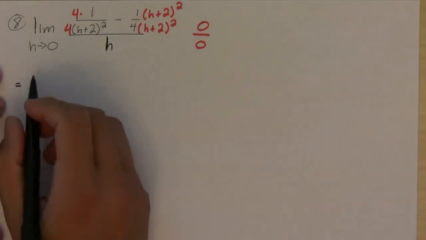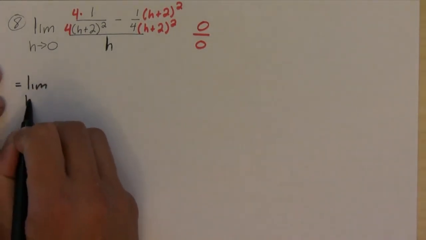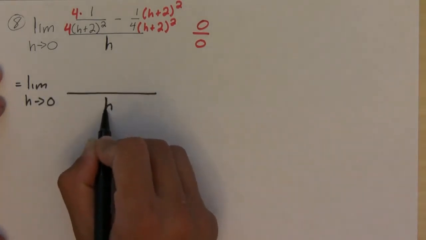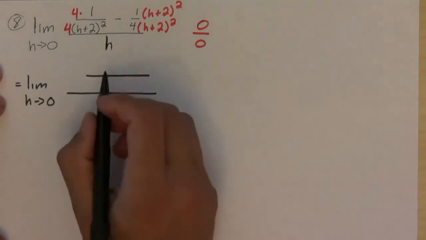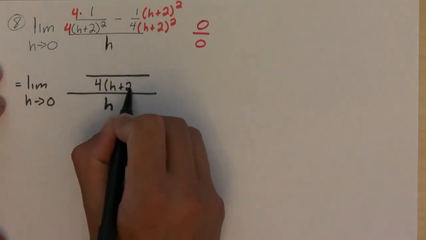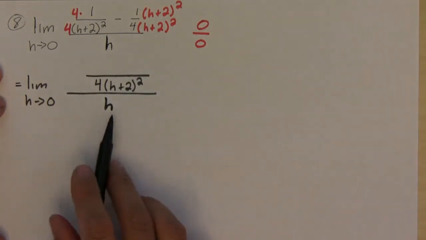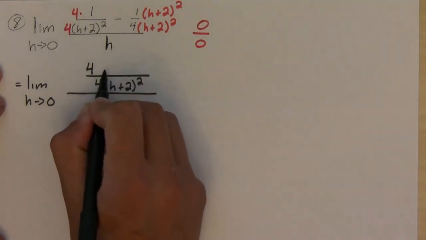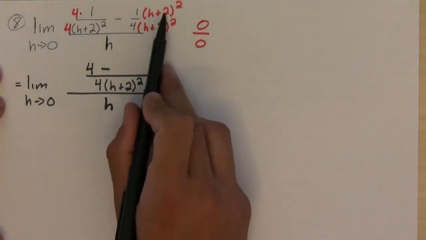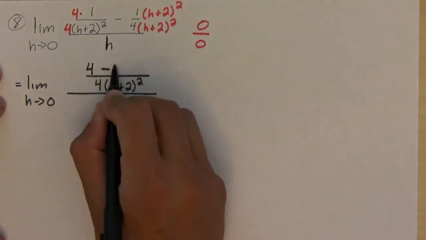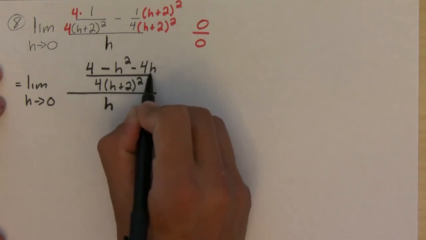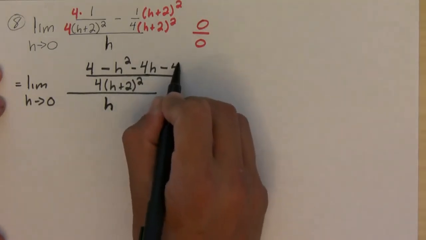So what we get is the limit as h approaches 0 of, I'll just put the h on the bottom. Now I'm going to have one fraction, and the denominator is going to be 4 times h plus 2 squared. And on top I would get 4 minus, now if I FOIL out the h plus 2 squared, I would get 4 minus h squared minus 4h minus 4.